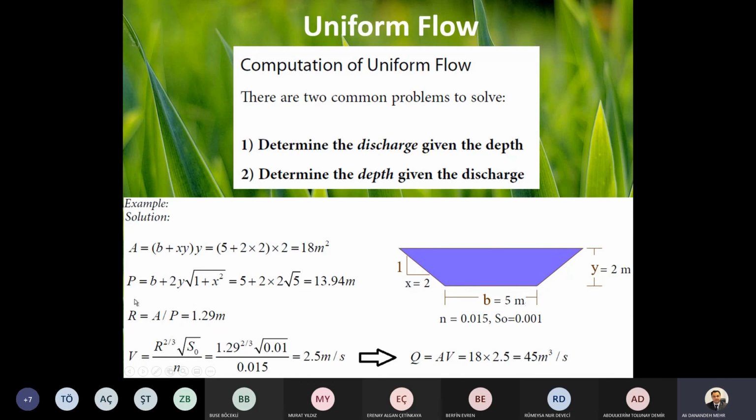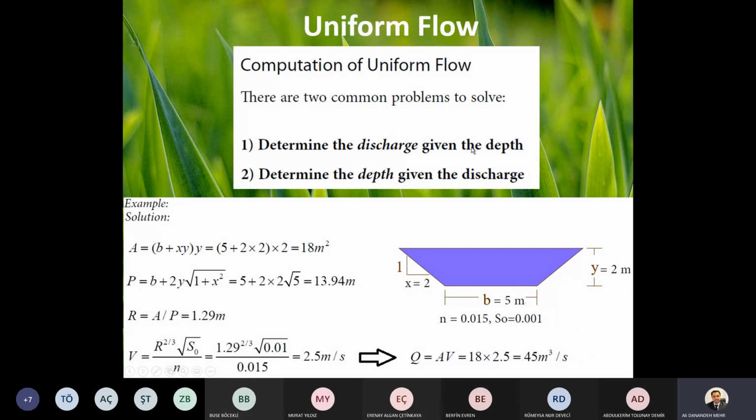You remember I told you hydraulic radius is always less than the maximum depth of the channel in trapezoidal sections. For velocity, I can replace this R with this value, then put in the other information, and you see average velocity is 2.5. Multiplying by area, you can calculate discharge, A times velocity, which equals 45 cubic meters per second.